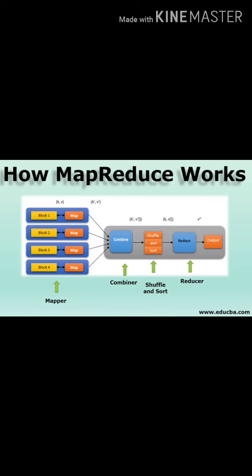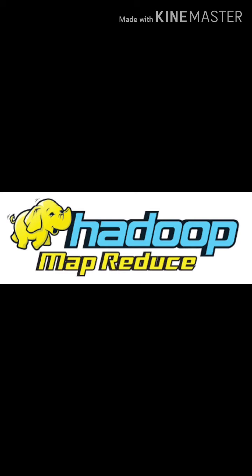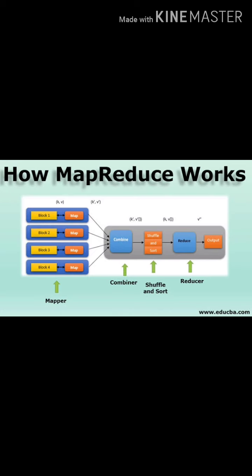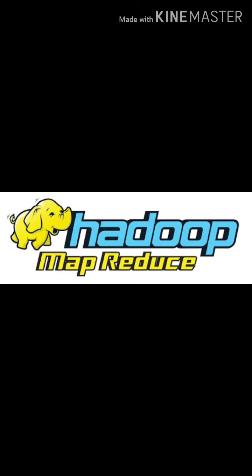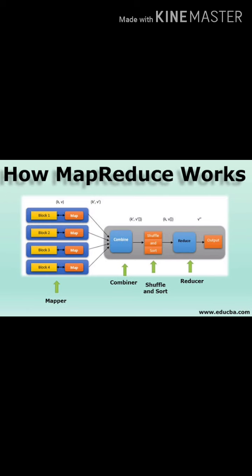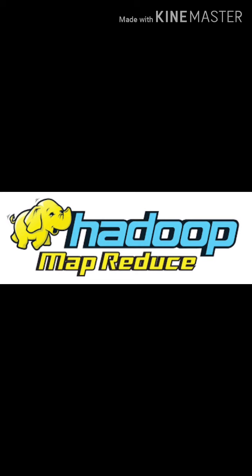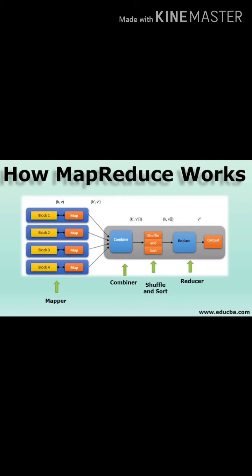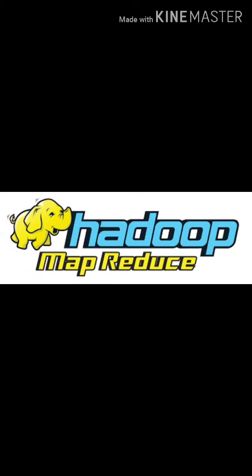So how does MapReduce work? The map function takes input from the disk as key value pairs, processes them, and produces another set of intermediate key value pairs as output.